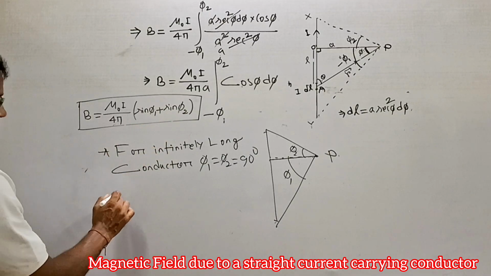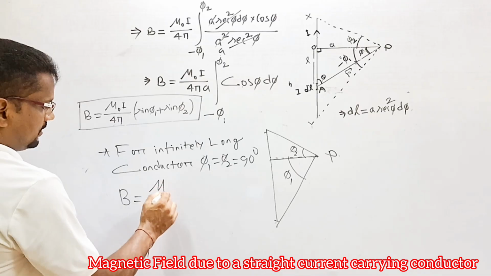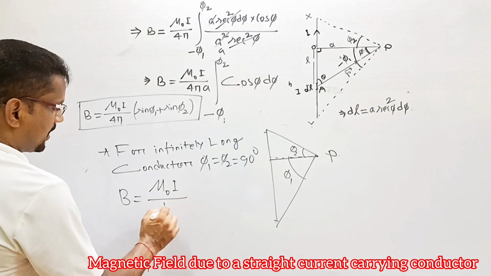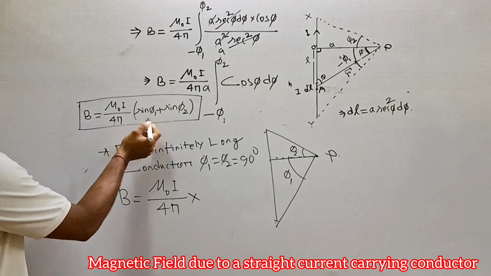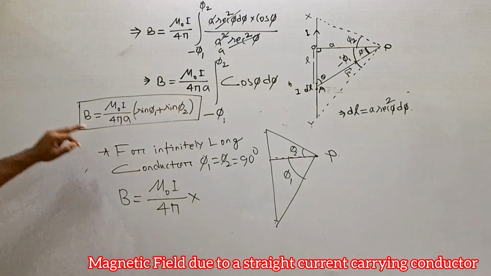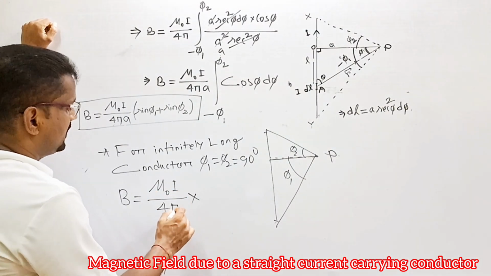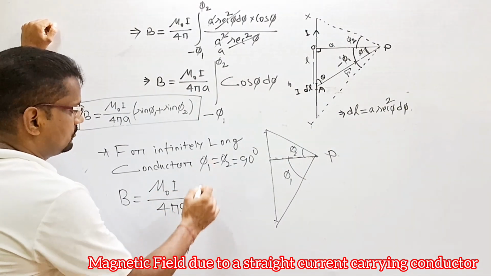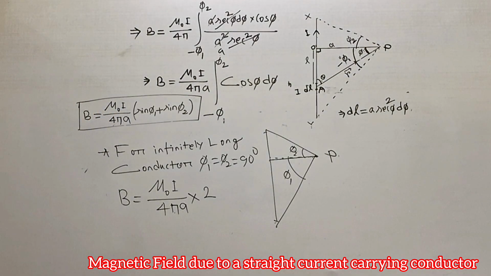So the magnetic field at the same point P will be μ₀I by 4 pi A, sorry, A was missed, into 2, or you can say 2I.